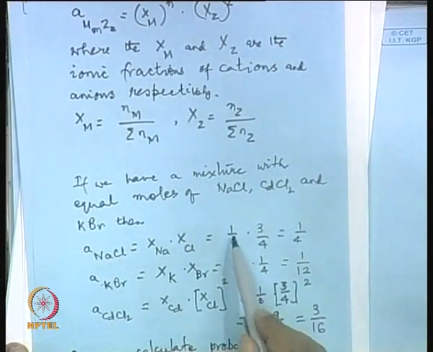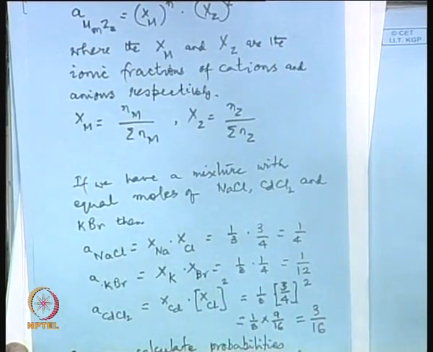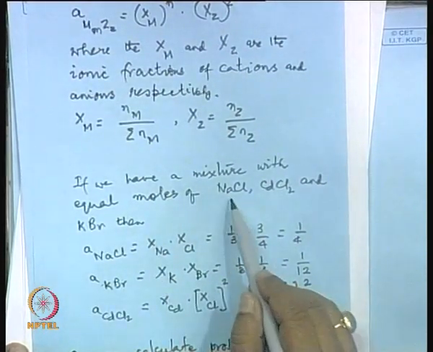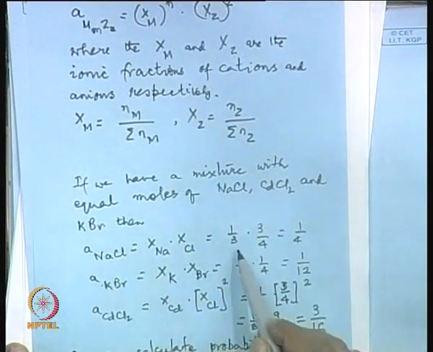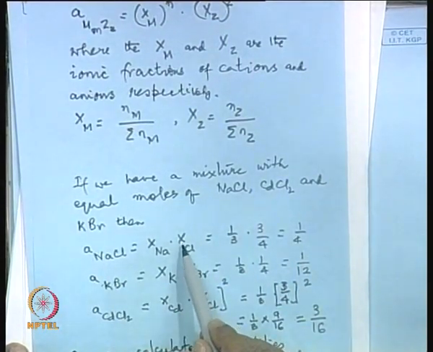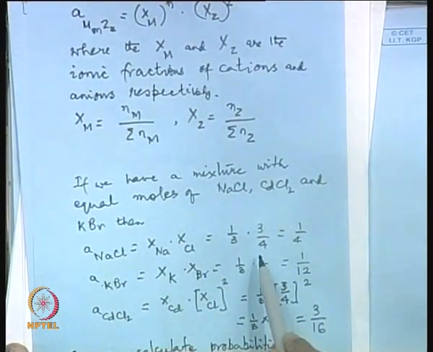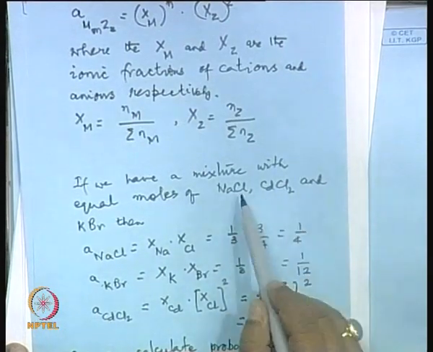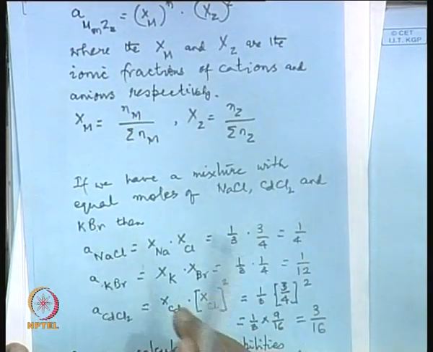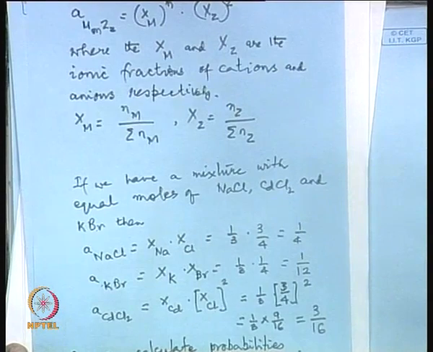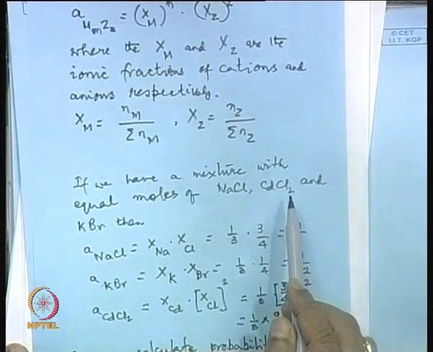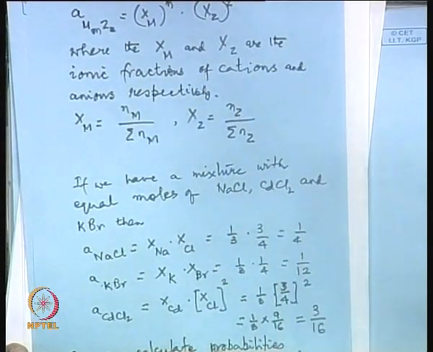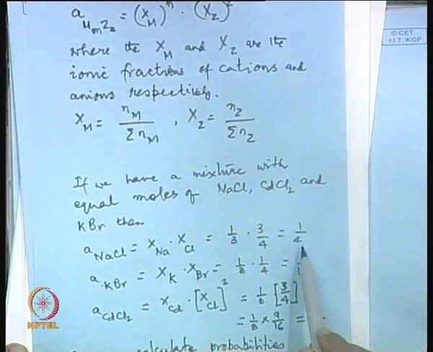The ion fraction of sodium is 1/3, because in the cationic sublattice there are equal numbers of the cations sodium, cadmium and potassium, whereas the anionic fraction will be 3/4, because there are a total of 4 anions, out of which 3 are chlorine and 1 is bromine. So, a_NaCl is 1/4.